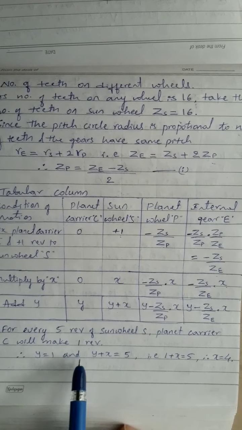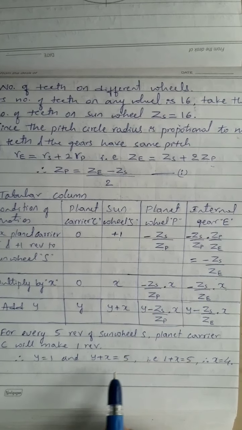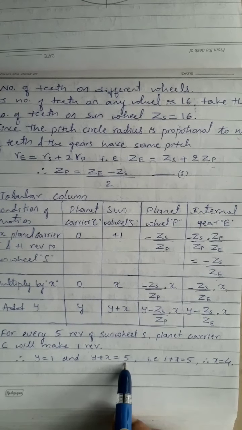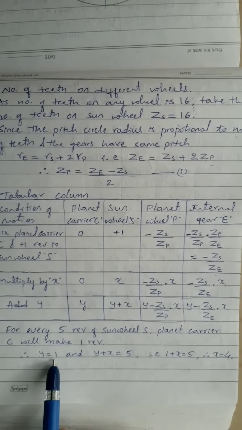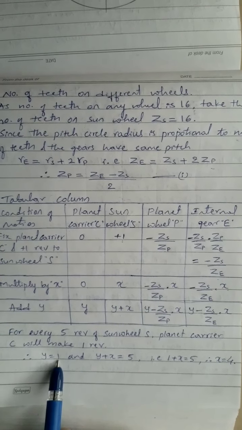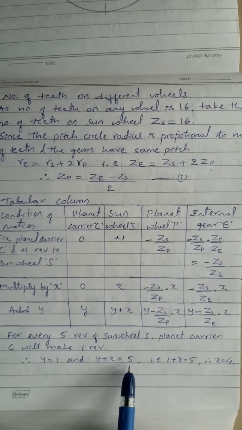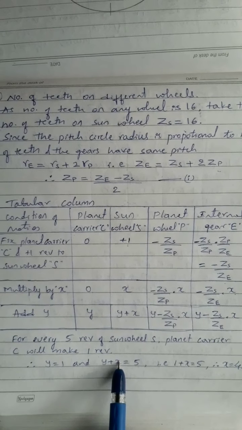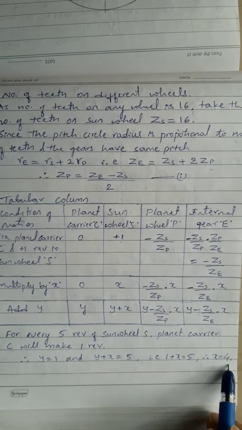And the sun wheel speed is y plus x, which is equal to 5, because for 5 revolutions of the sun wheel, the planet carrier will rotate 1 revolution. So y is equal to 1 and y plus x is equal to 5. So the only unknown in this equation is x, and that x will be equal to 4.